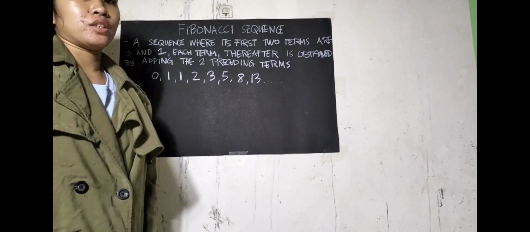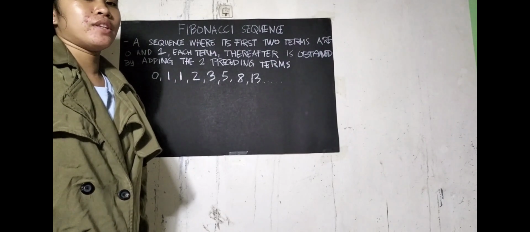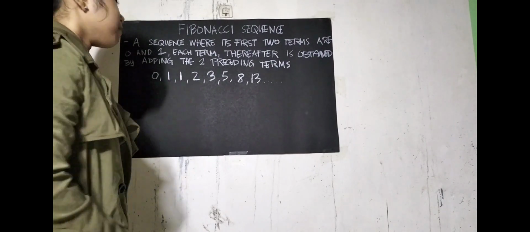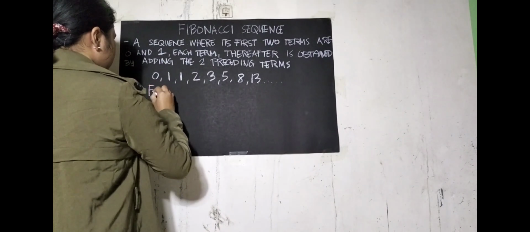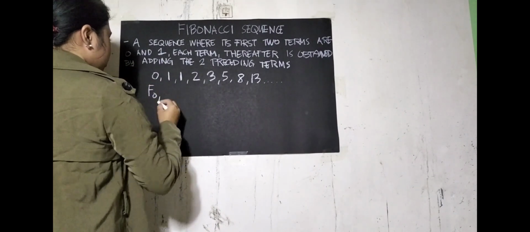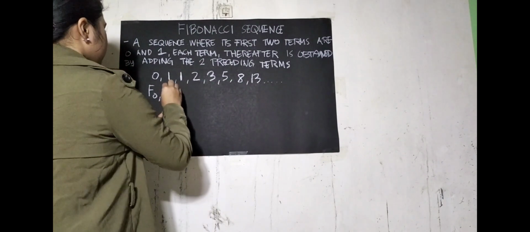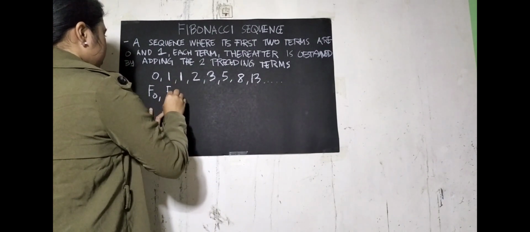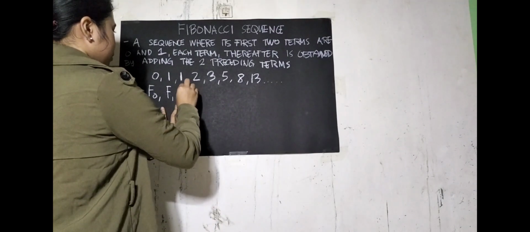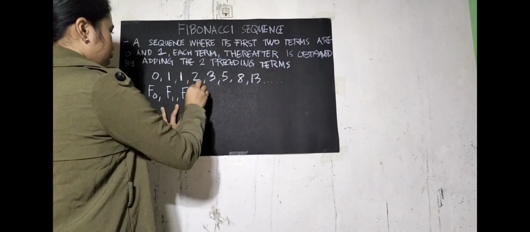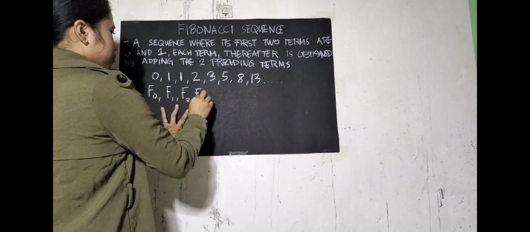So in the Fibonacci sequence, the first term is denoted by a sub 0. The second term is this one. The third term is next.